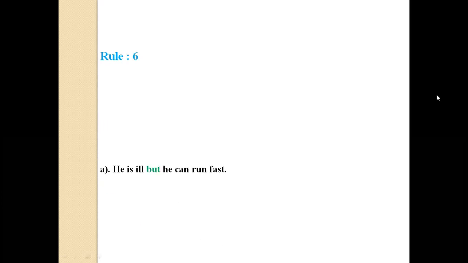Rule 6. A. He is ill but he can run fast. If there is but in a compound sentence and you want to turn it into simple, omit but and write in spite of or despite at the beginning of the simple sentence.